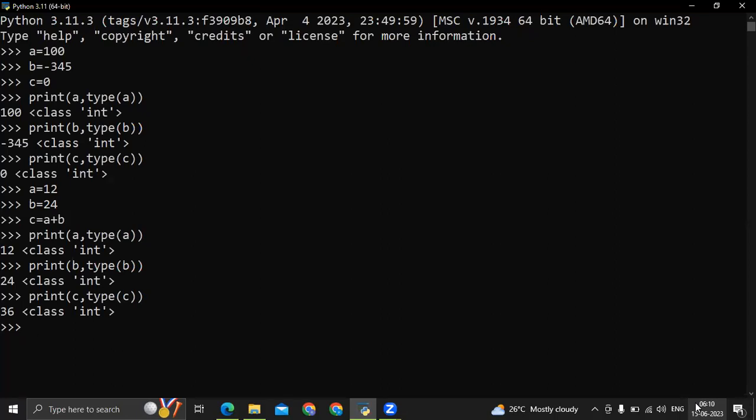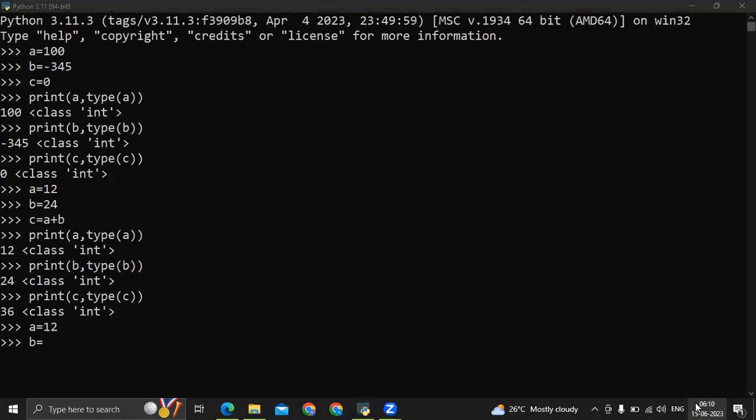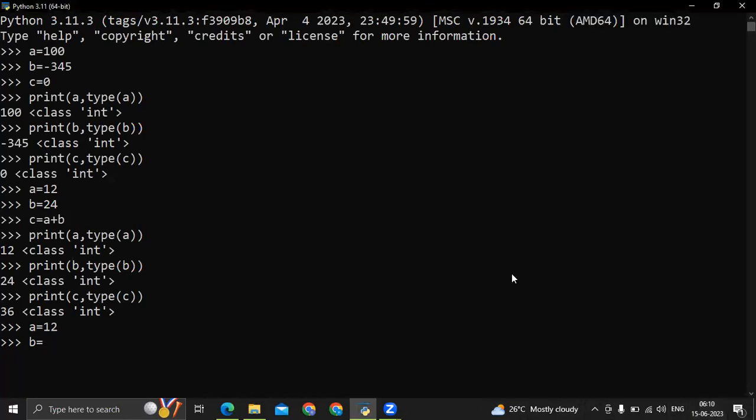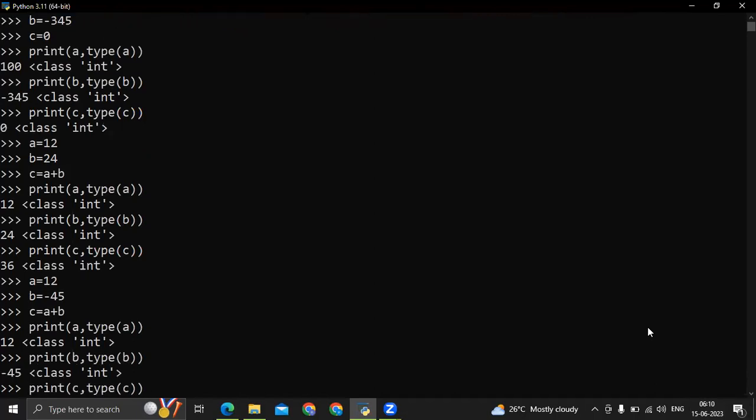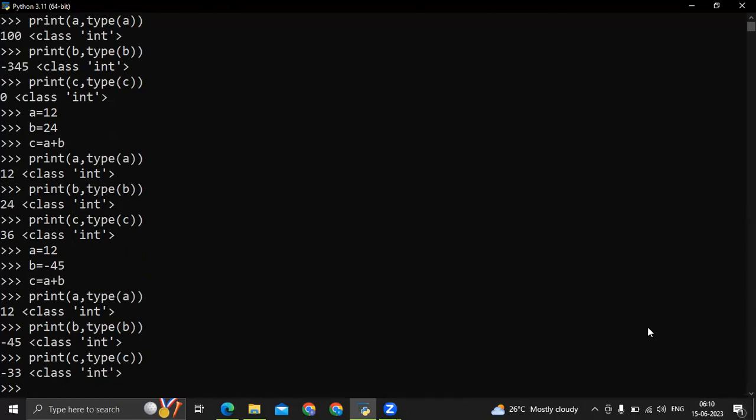Okay, now let me show you one more example. Let's take A is equal to 12. B is equal to minus 45. C is equal to A plus B. Now print A, print B, now print C. We have got the answer.